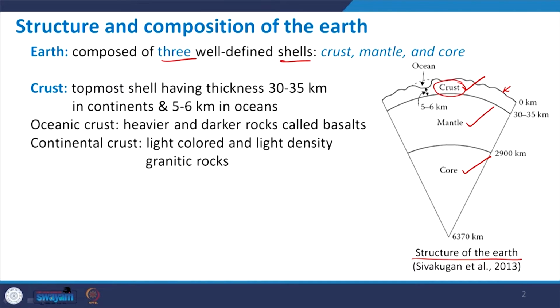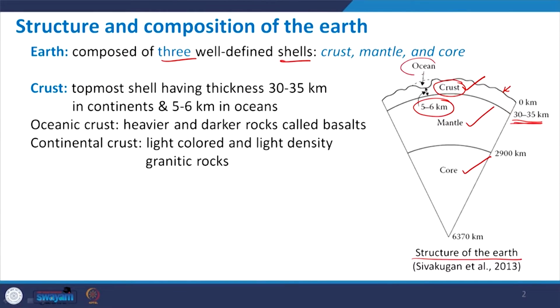This crust shell is the topmost one and it has a thickness of 30 to 35 kilometers. Okay, and where you have the oceanic crust, the thickness of the crust is 5 to 6 kilometers. So keep in mind that it is 30 to 35 kilometers below the earth's surface that is called the crust of the earth.